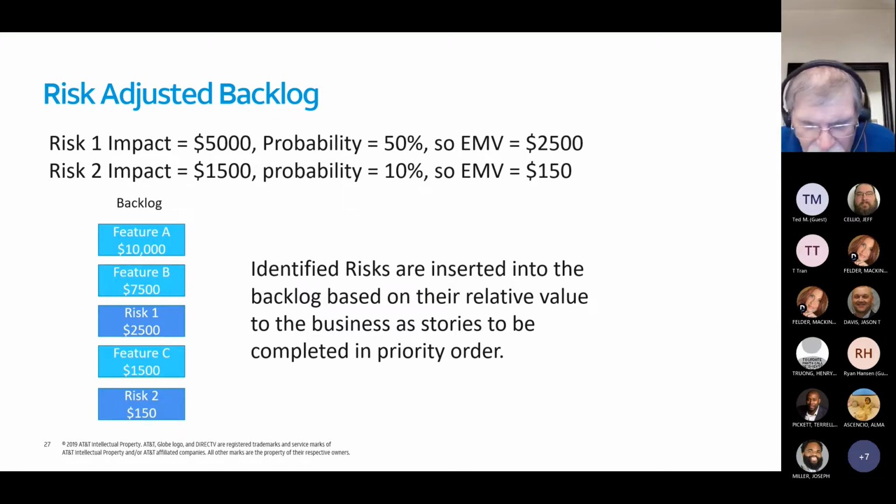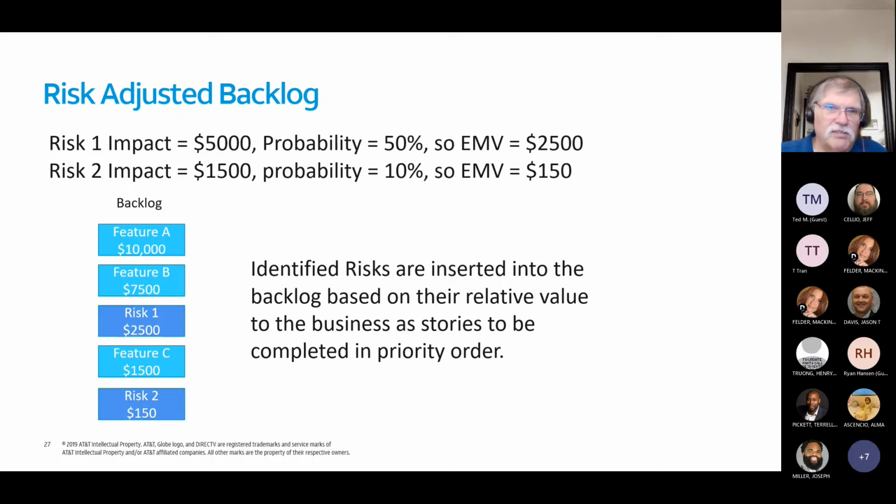Now, the concept here is that a risk will cost to mitigate, and that it will return a certain value in effort avoided, waste avoided, all those things. Okay. What we're doing here is inserting the mitigations to these risks into the backlog. Okay.